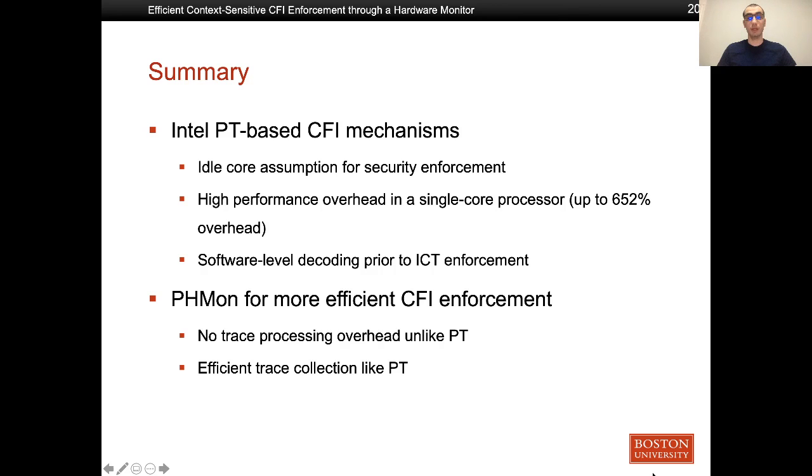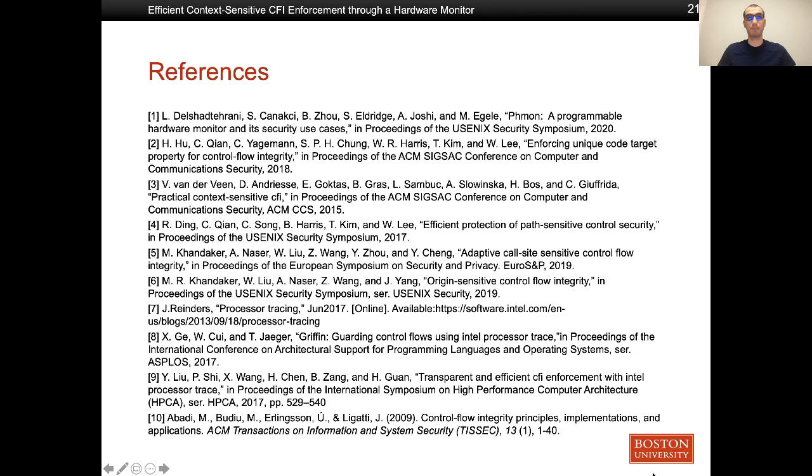The main reason we observe this increased performance overhead originates from the software-level decoding of PT. To get rid of software-level decoding, we leverage a hardware feature called PHMON, which can efficiently collect the traces without incurring trace processing overhead, unlike PT.